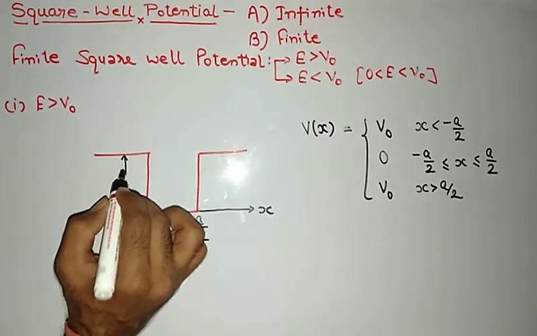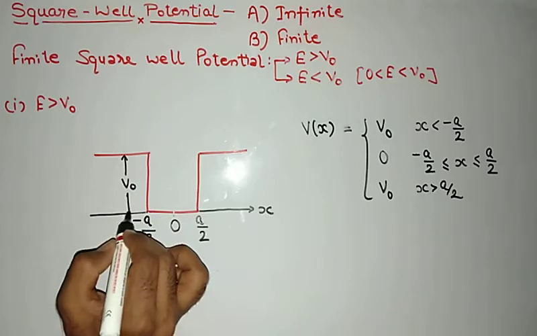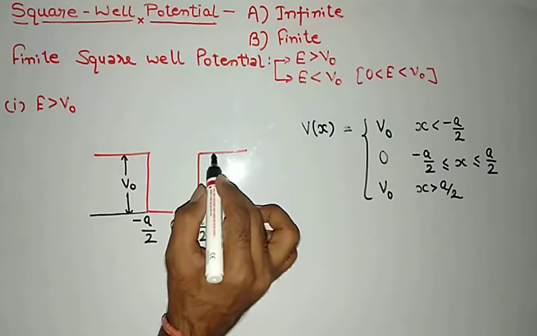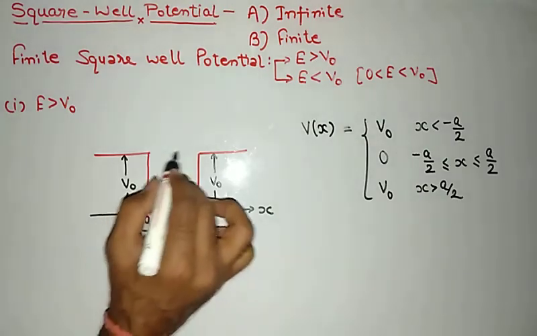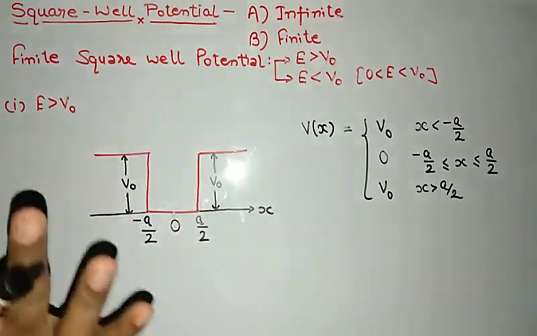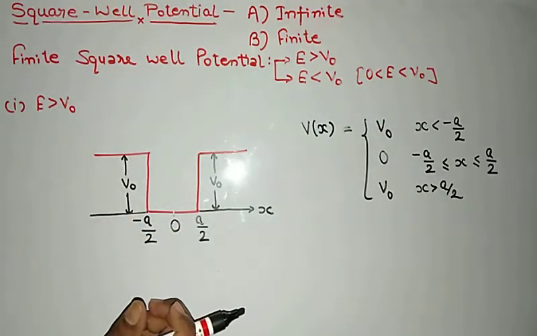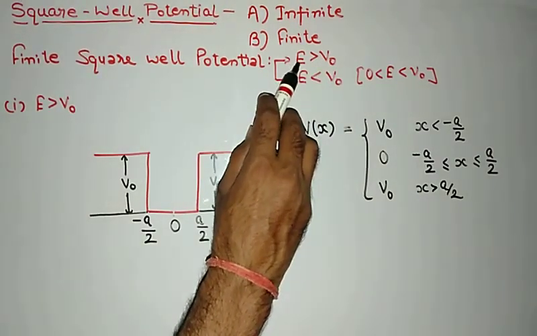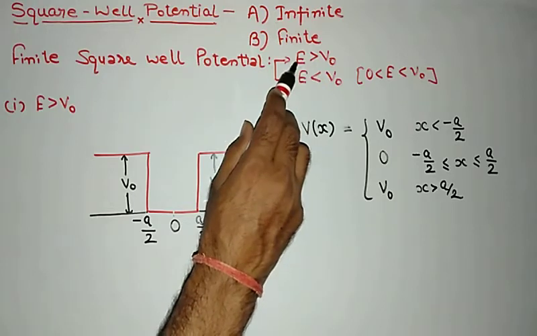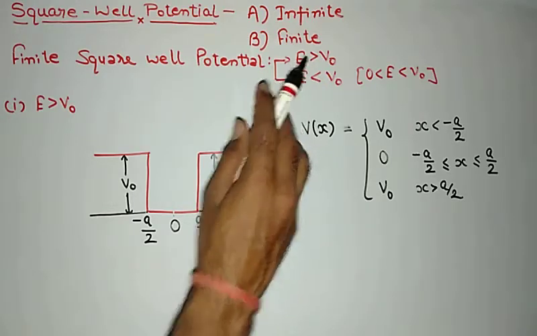So this height is V naught. This height is also V naught, and here V is 0, and we are treating an incident particle whose energy is E.